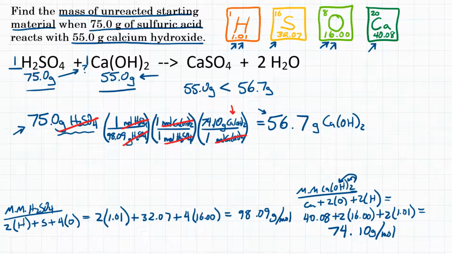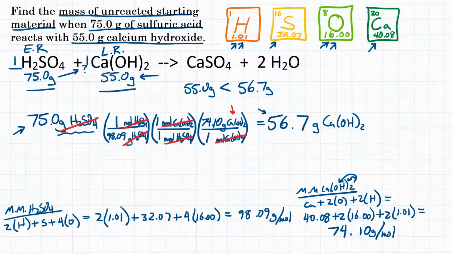So what that tells us is that calcium hydroxide is our limiting reactant. All of the 55 grams that we were given is going to react because we need 56.7, and we don't have that much. We have less than that. So if calcium hydroxide is our limiting reactant, sulfuric acid is our excess reactant. So that means there's going to be some left over.